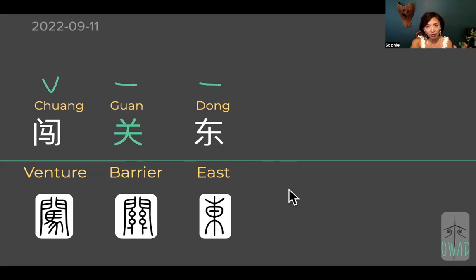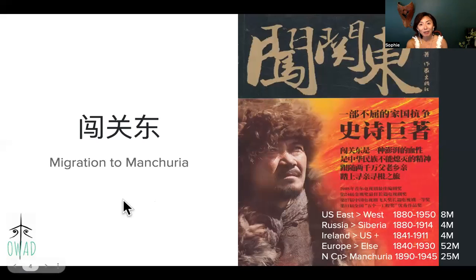So this Guandong actually refers to this historical event, a migration of 25 million people to Manchuria from mostly Shandong province. The Shandong province is where Confucius started, rooted. So that's a heavily populated, culturally, already very Confucius-educated land.